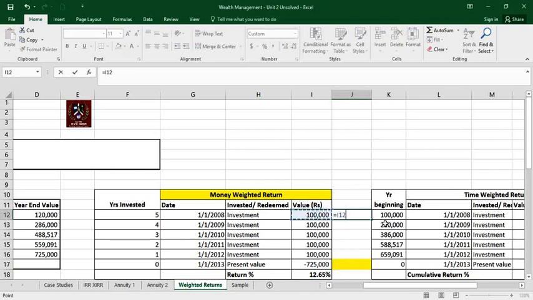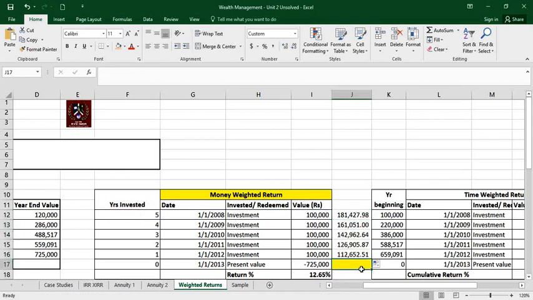So if I want to recheck that equation, that's 100,000 into 1 plus this rate, and I freeze this rate, raised to the power 5, correct? That's the value I get. I drag it down all the way up to here, and if I do a sum of this, I get 725, exactly the same, right?